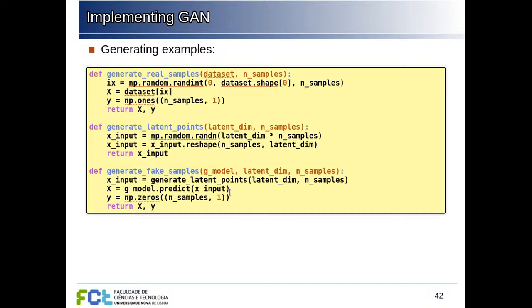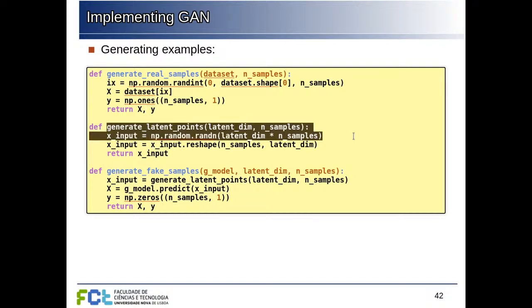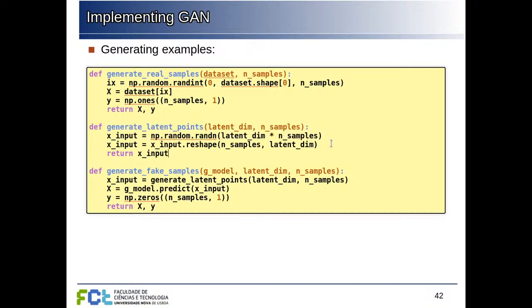When we create the fake samples, we first generate these random inputs for the generator. So this is just a sample of values from the random distribution that we're going to reshape so that we get this in the shape of a batch of examples, the number of samples in rows, and the columns will be that 100 value, 100 elements for each example.